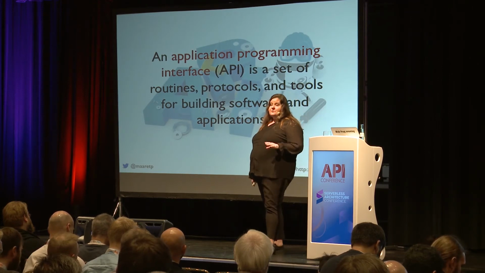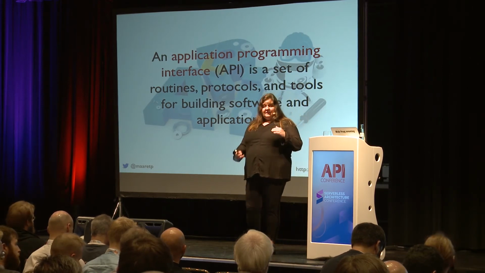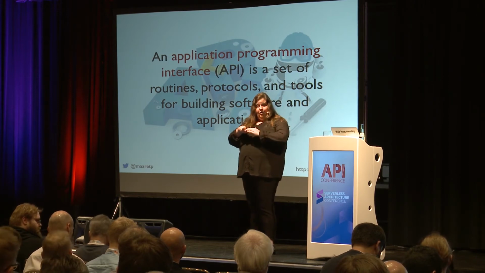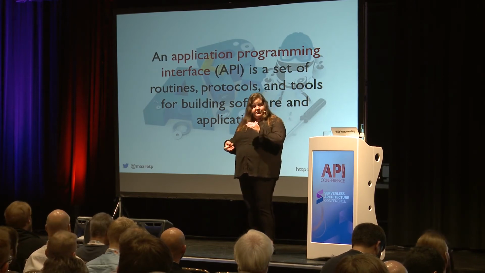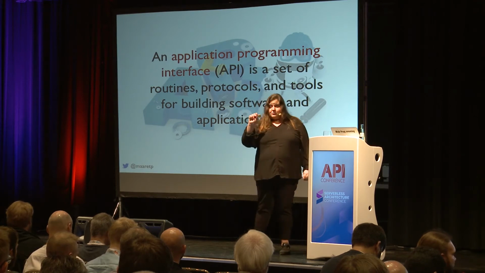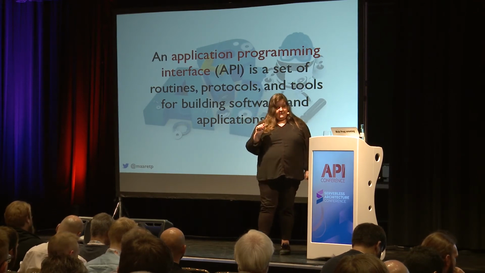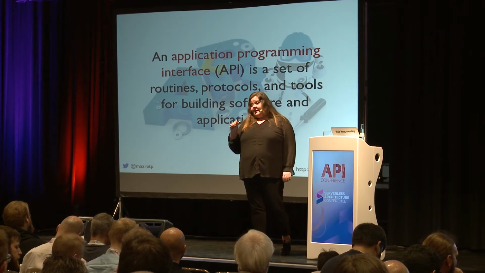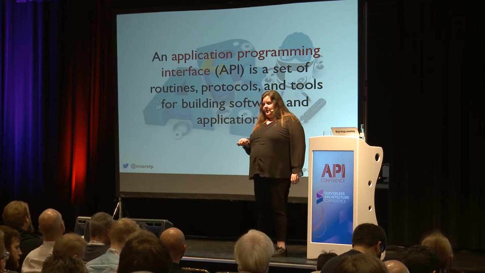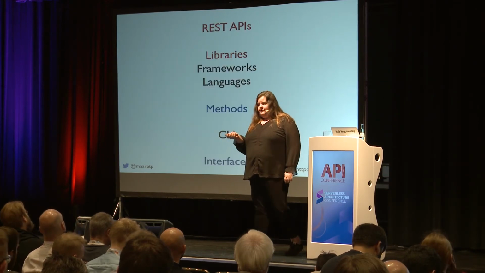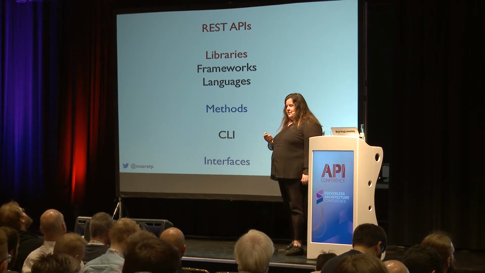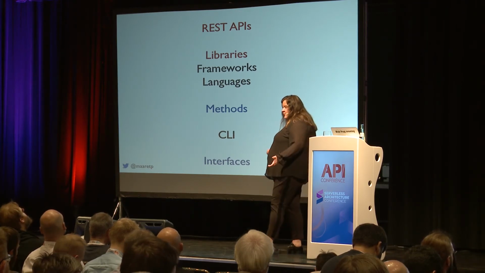Very same principles apply there as well. Like if you can see the whole headers and whole responses, rather than choosing just one that you handpicked to be looked at, you're going to find surprising things out there. But the same principle, you can do that on REST APIs, you can do that on libraries, frameworks, languages, methods, command line interfaces, and pretty much any kind of interfaces that we are creating these days.